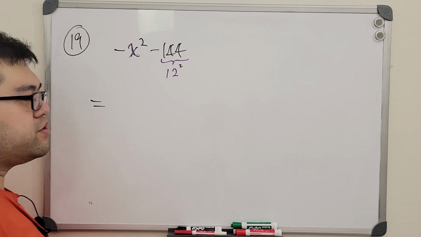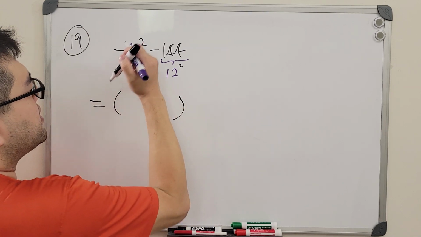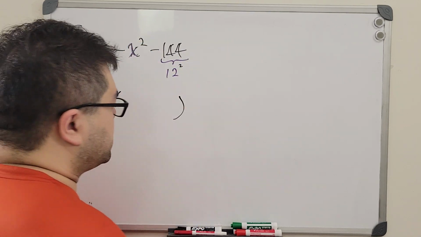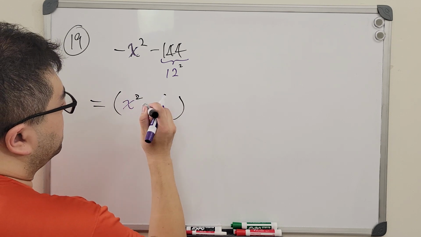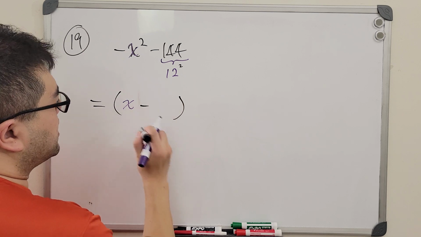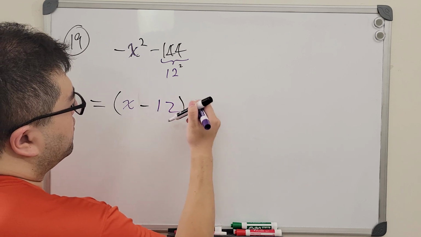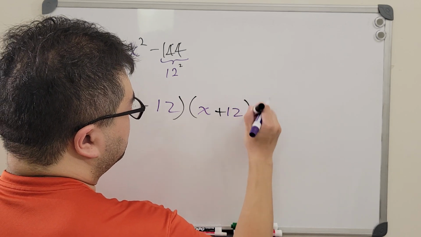So what should we do? Factor it out, right? So we set our a as x, b as 12. If we factor out, we get x minus 12 times x plus 12.